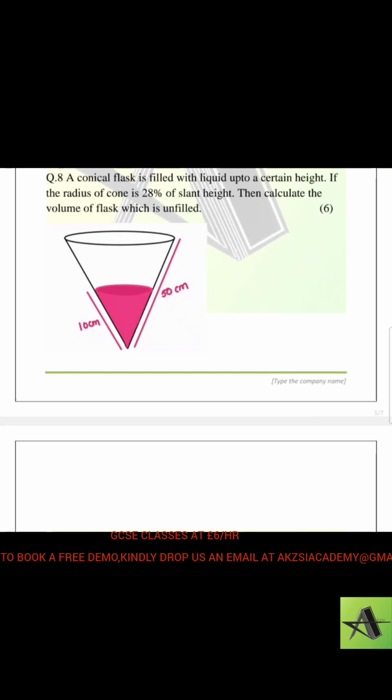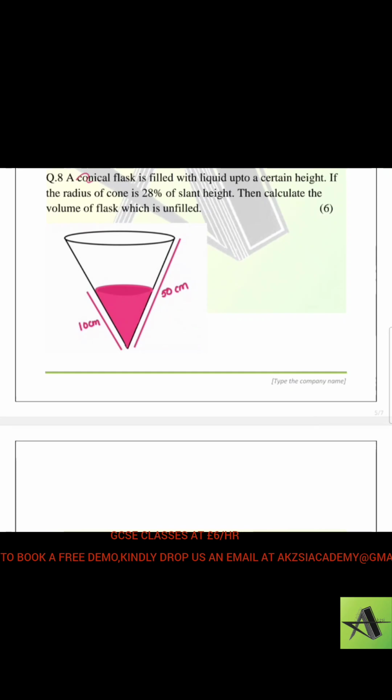Now, a conical flask is filled with liquid up to a certain height. If the radius of the cone is 28% of the slant height, then calculate the volume of the flask which is unfilled. So first thing is, they have mentioned the relationship between the radius and the slant height.